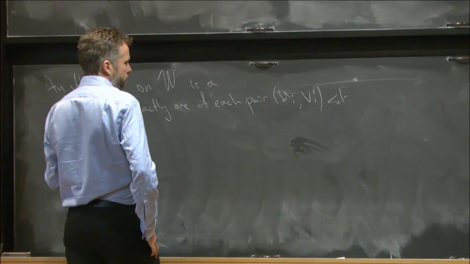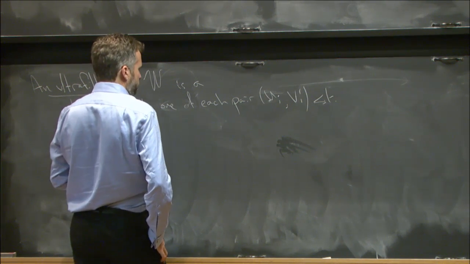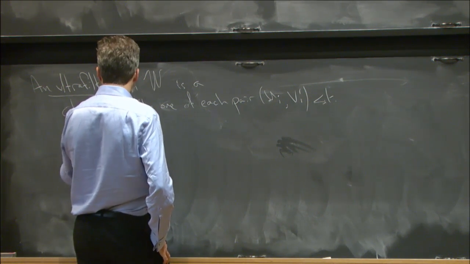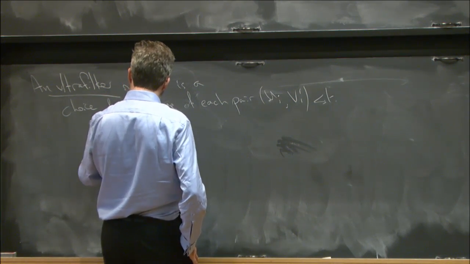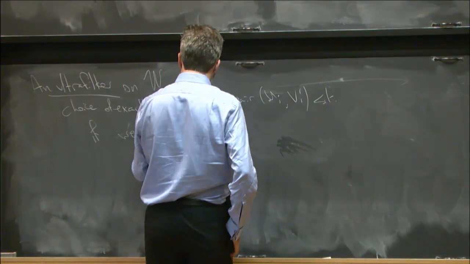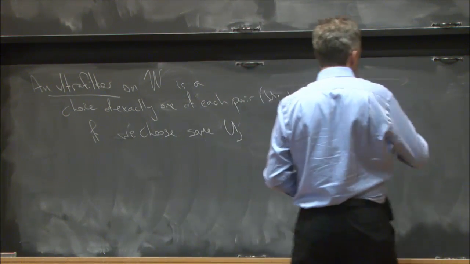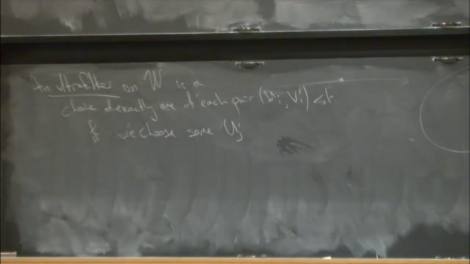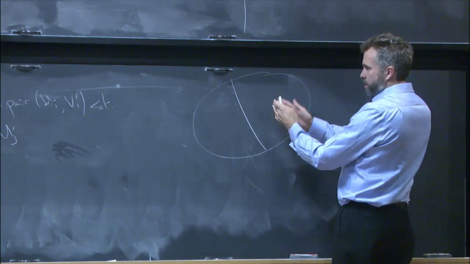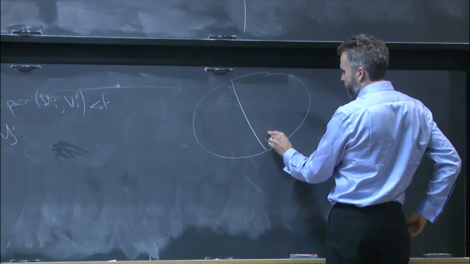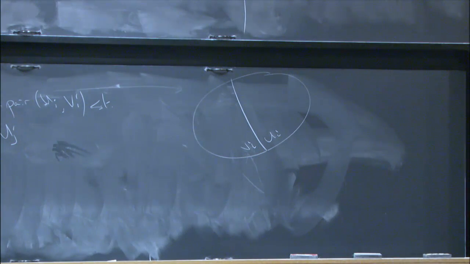Okay, so then there is a completeness condition. The picture: U_i and V_i are given by either side of this partition, so maybe this is U_i and this is V_i.